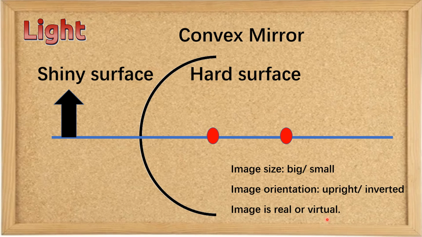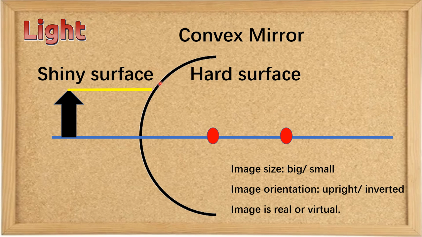Okay, let's try to check your answers. First, in your ray diagram, you are going to make an arrow or a line starting from the top of your object and then going to your mirror. Since this is the shiny surface, it is expected that the light will reflect, or bounce back, in an angular direction.